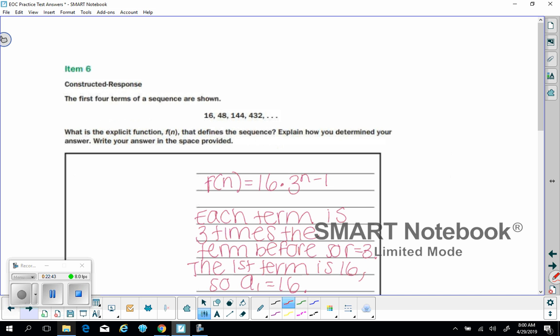Okay. This next one, we're talking about sequences. This equation is going to be on your formula sheet, and you are allowed to use your formula sheet. How many of you have your formula sheets with you? In your folder, pull them out if you have them in your folder.